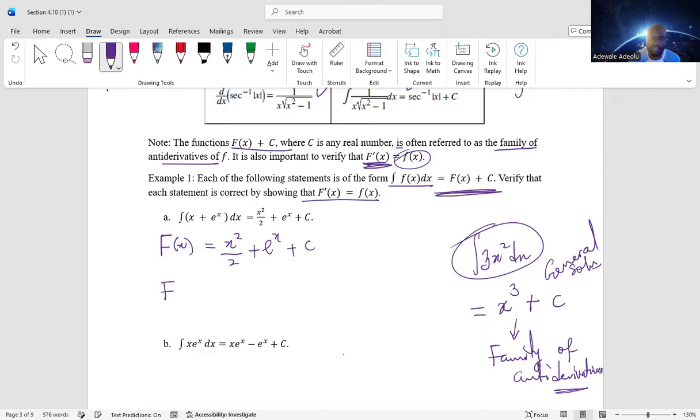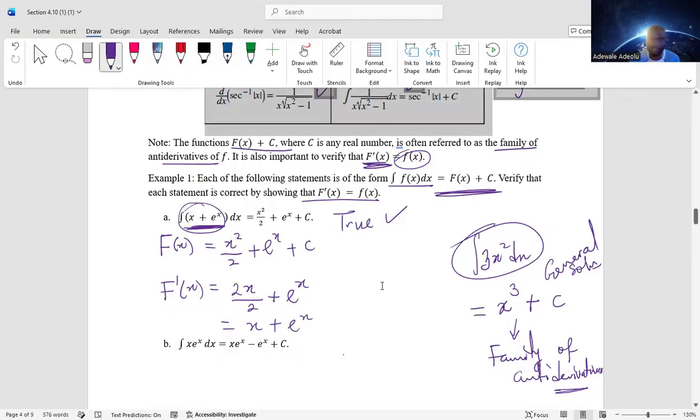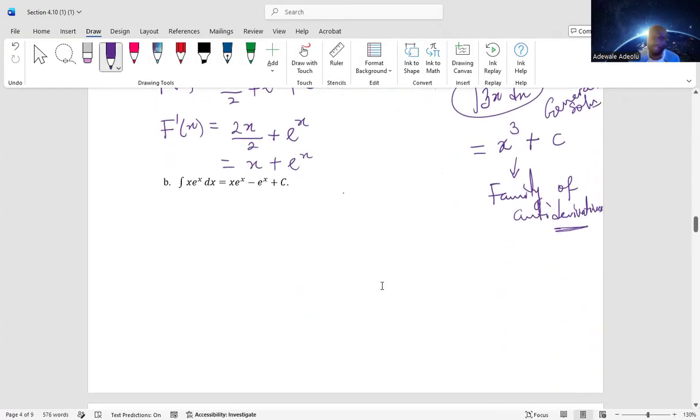Let us take the derivative: 2x over 2 plus the derivative of e to the x, which is e to the x. The derivative of a constant is 0, so it is gone. So this is x plus e to the x, which is essentially what we have here. So this is true, and that tells you that the antiderivative of this is x squared over 2 plus e to the x plus c.